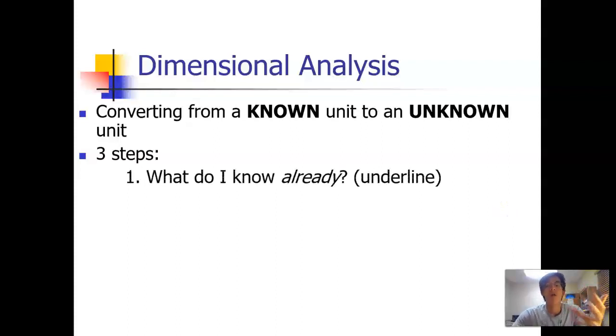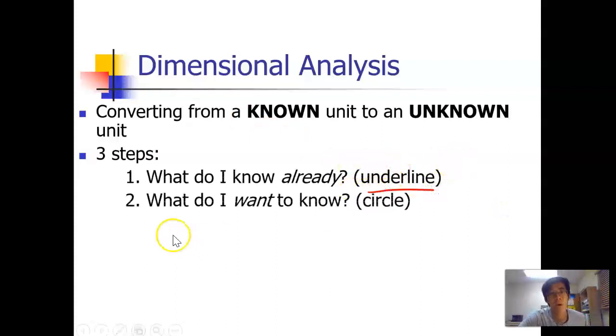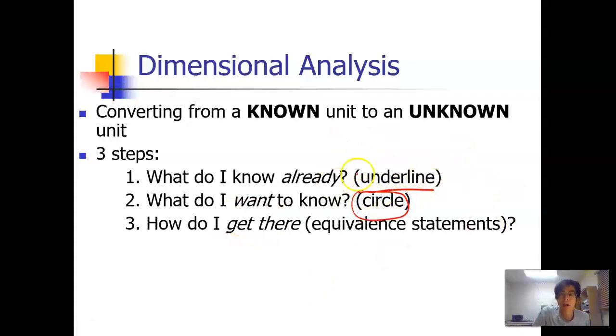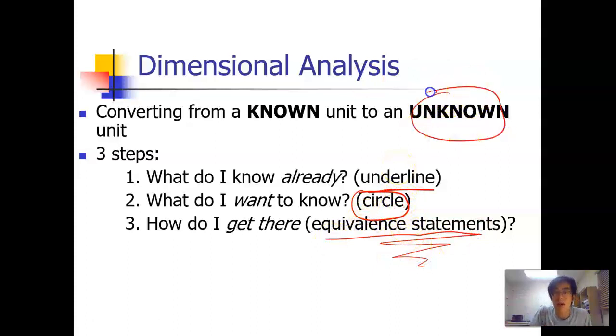First, what do I know already? Those are the units I want to underline. Second, what do I want to know? Those are the units that I want to circle. And third, how can I get there? How can I use my equivalent statements to set up my ratios to find the unknown unit that I want to find?